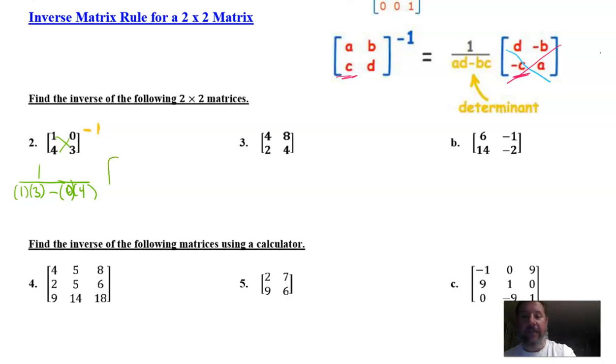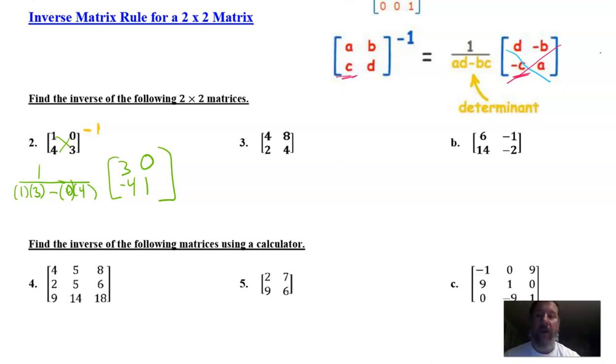Then times the matrix: along the main diagonal, I'm going to flip those values. Instead of 1 and 3, now I get 3 and 1. Then along the other diagonal, I'm going to change the signs. So this would be a -0, but -0 is still 0. And then I change the other to a -4.